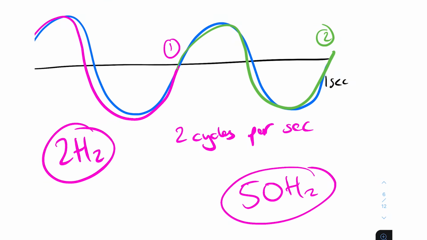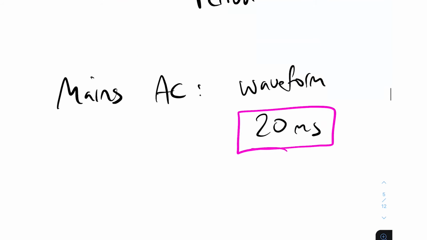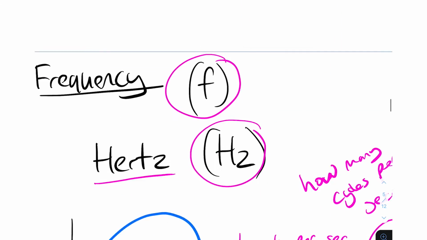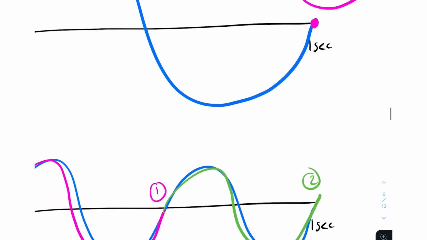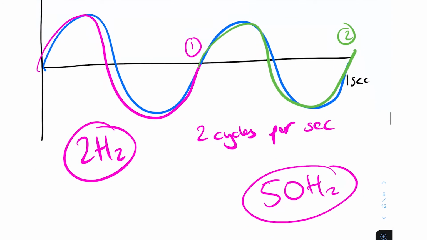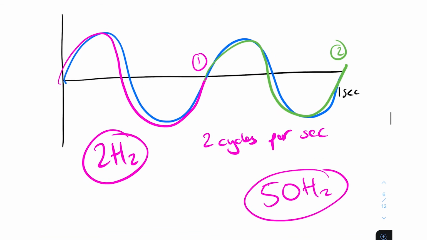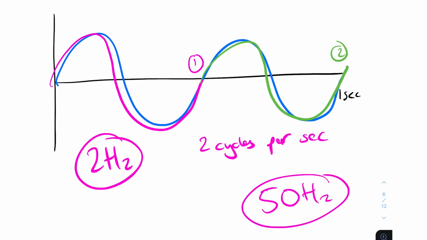So that's different to what we said up here, which was it takes 20 milliseconds to complete one waveform. It takes 20 milliseconds to complete one waveform, and then we've got it in 1 second completing 50 cycles. Cool. Hopefully that makes sense. You see the difference. If it's a bit hard, just think of the car analogy: it took you an hour to drive home and you drove home at 70 miles per hour.